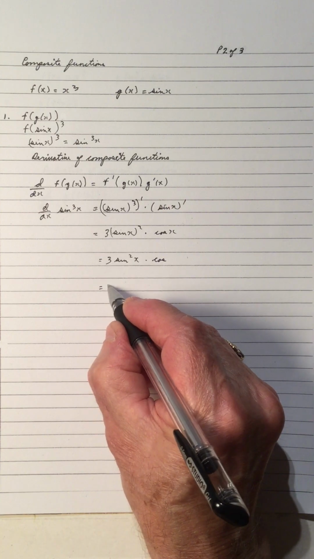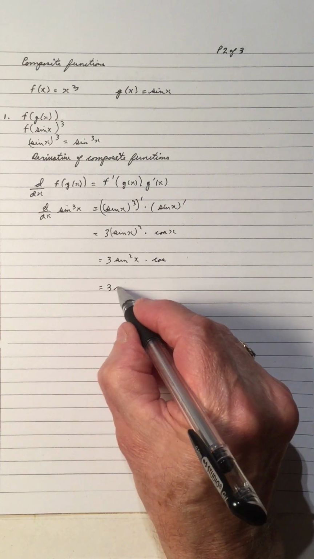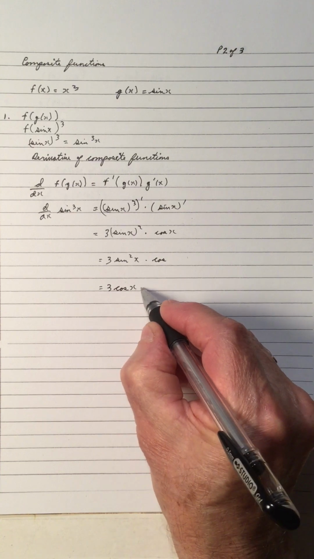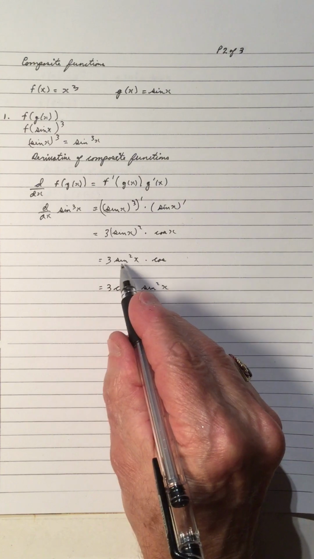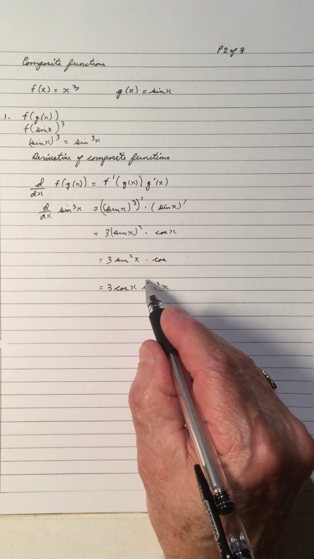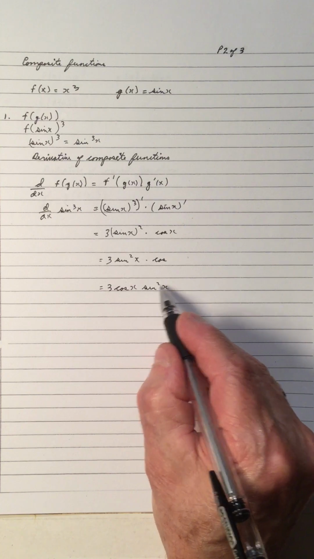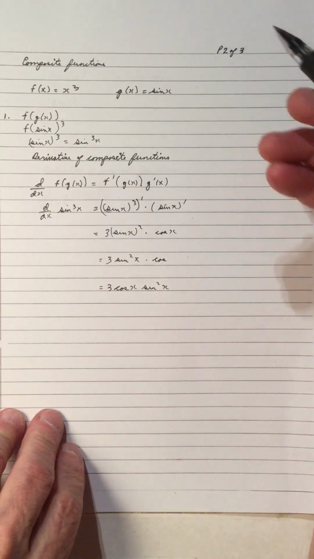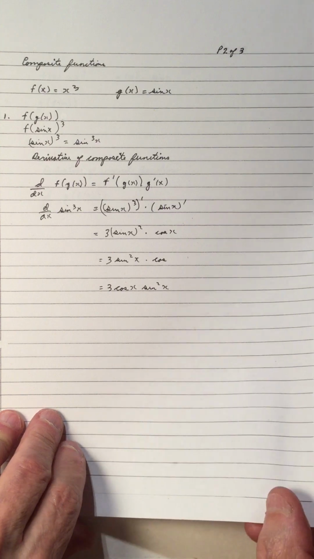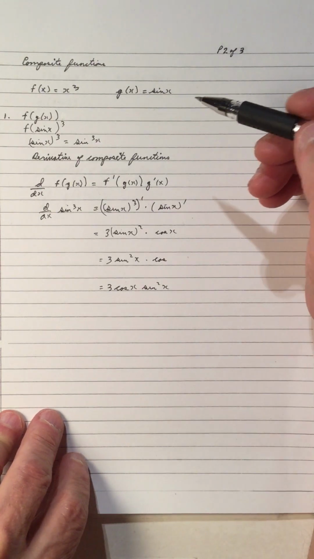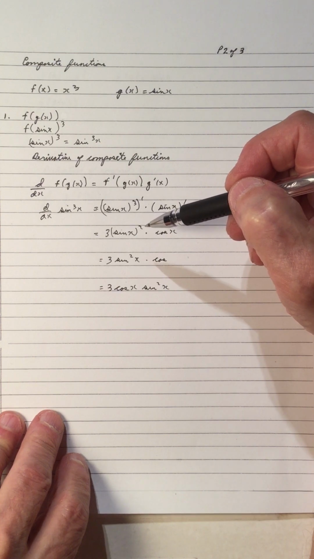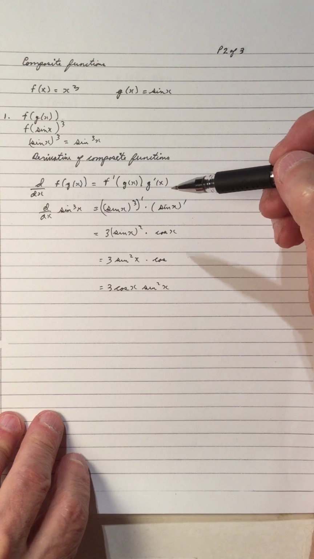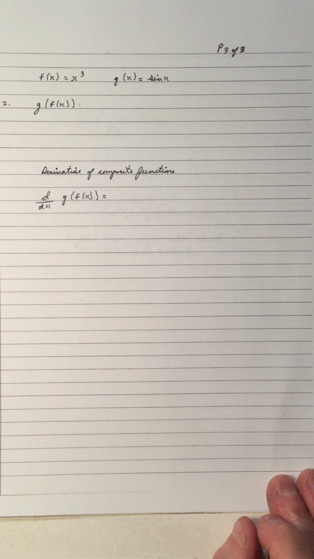That becomes 3 cos x times sine squared x, or you could leave it as is. Because it's a composite function, how I remember it is you do what's on the outside first and work to the inside. You'll see me illustrate that more often in future videos.